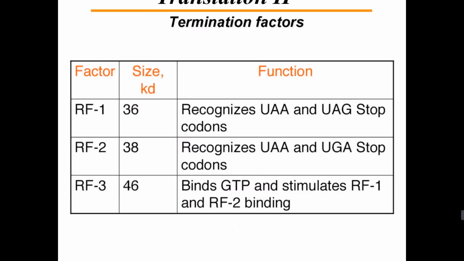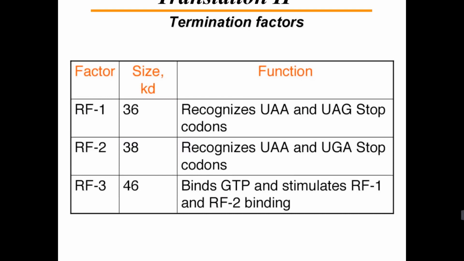And this slide just basically summarizes the release factors, RF1, RF2, and RF3, found in prokaryotic cells to carry out protein synthesis termination. RF1, again, very small protein, recognizes UAA and UAG as the stop codons. RF2 will recognize UAA and UGA.